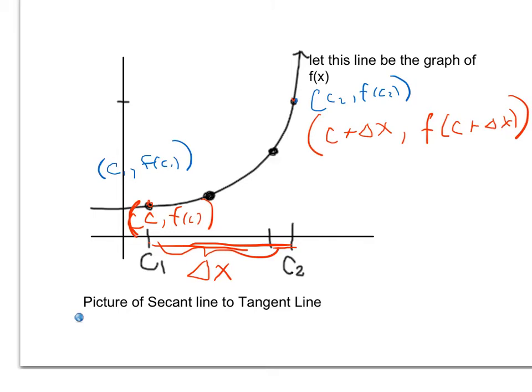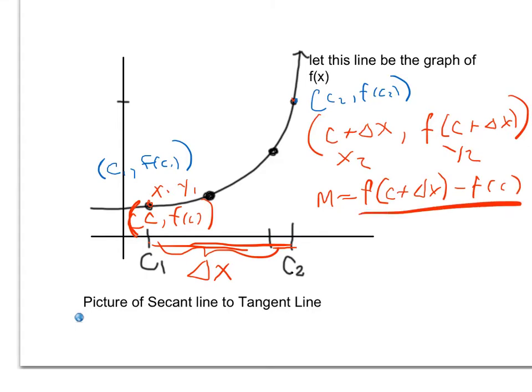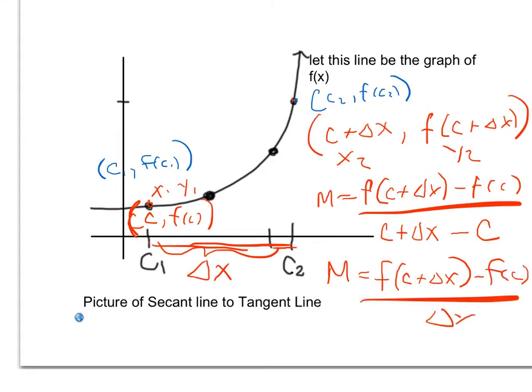Now I'm going to say this is my x1, y1. This is my x2, y2. According to my formula, my slope is y2, f of C plus change of x, minus y1, f of C, all over x2, C plus change of x, minus C. If I combine my like terms, I get a slope formula of f of C plus change of x minus f of C all over change of x.